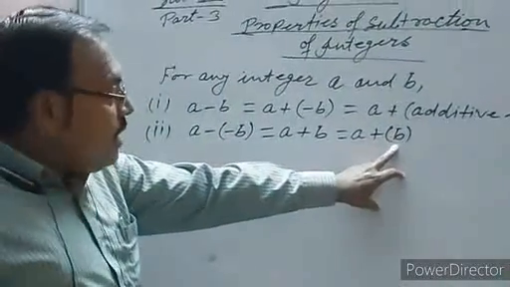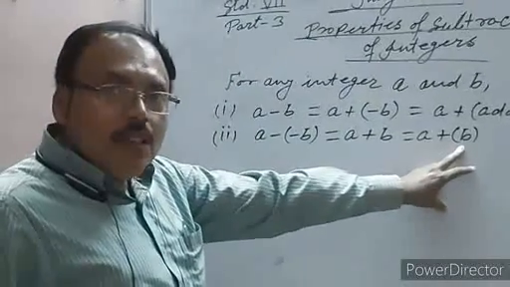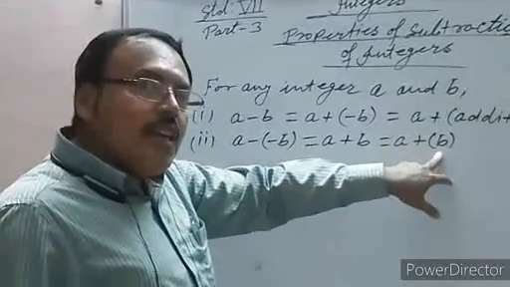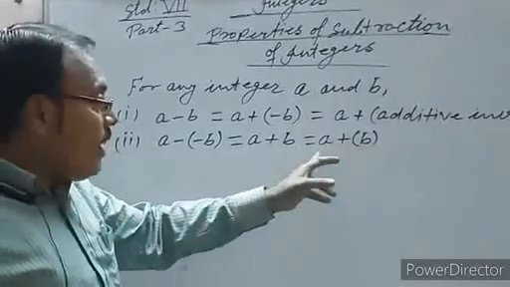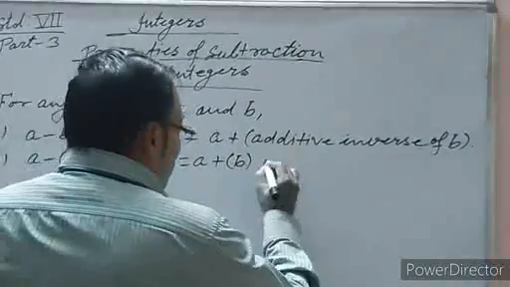But B is the additive inverse of minus B, and minus B is the additive inverse of B. So we can write it also in this type.